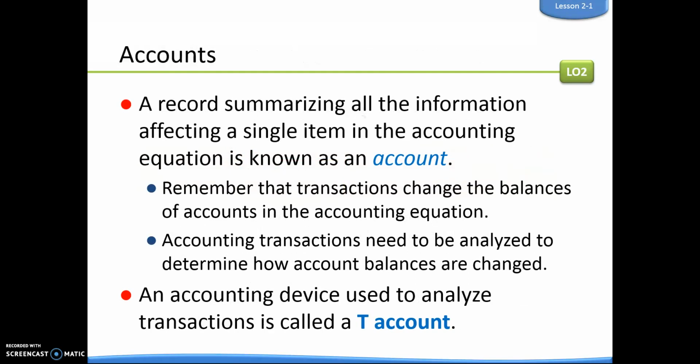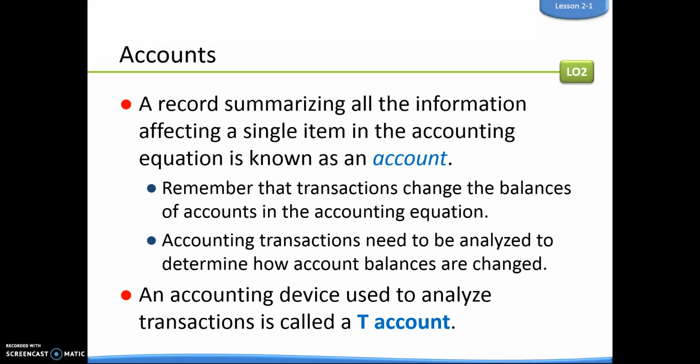So what that brings us to is talking about something called an account. An account is simply a record that summarizes all the information that affects a single item. If we were to take cash, for example, cash is an example of an account. Anytime that we deal with cash, it goes in the cash account.